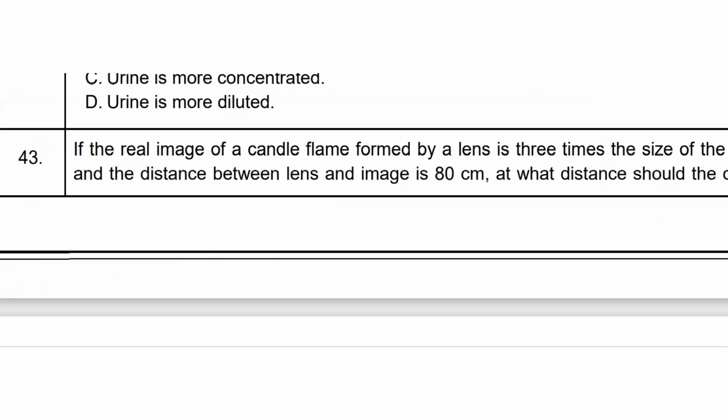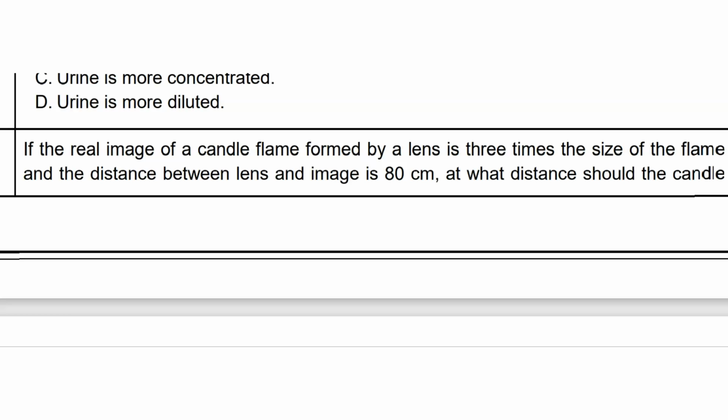Question number 43. The question is, if the real image of a candle flame is formed by a lens. Let us underline the important words. Here the clue is a real image of a candle flame formed by a lens. You don't know what the type of lens is, so let us read the question completely. And the real image is 3 times the size of the flame.